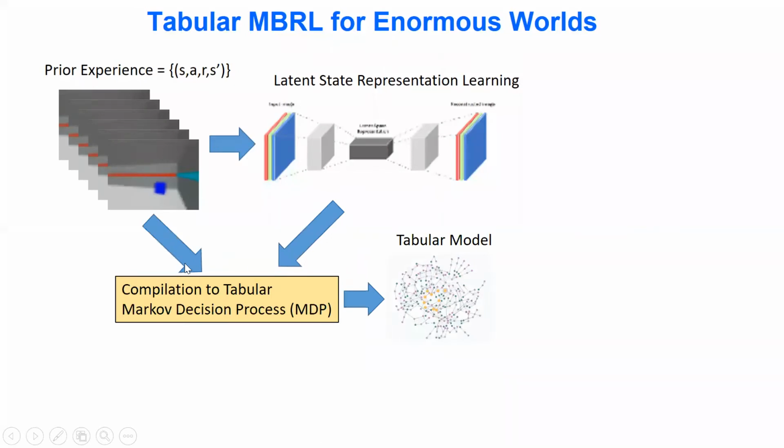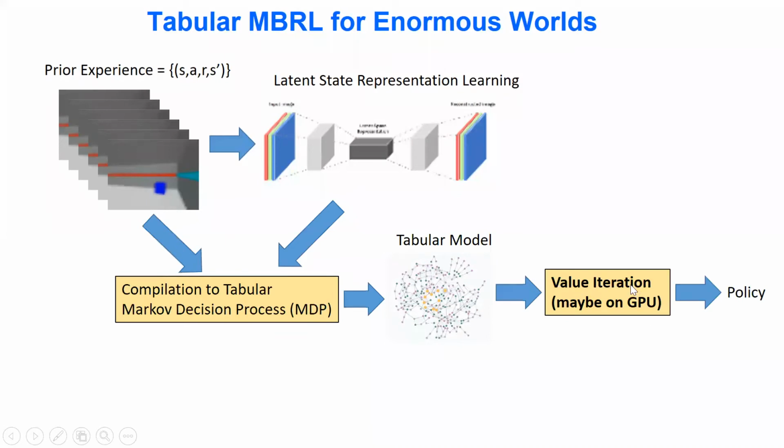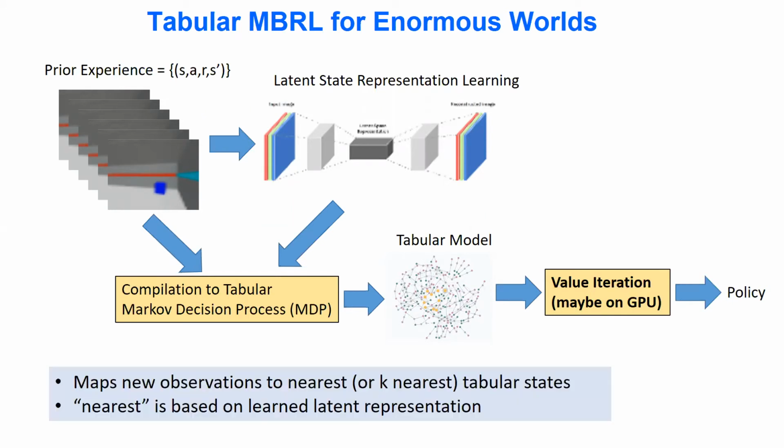And somehow, I'll show you a couple of methods, compile them to a tabular MDP. You get a tabular model, it might have millions of states, and then run something like value iteration to get a policy. This is a general thing that you could try to do. Seems kind of crazy. But there's been a couple of ways of doing this in practice recently.